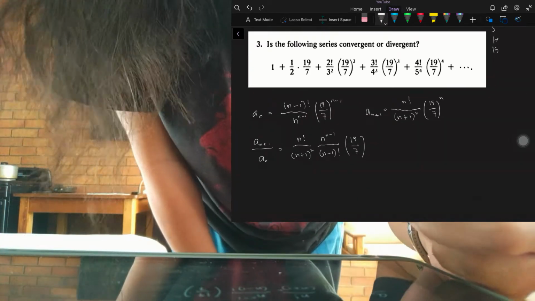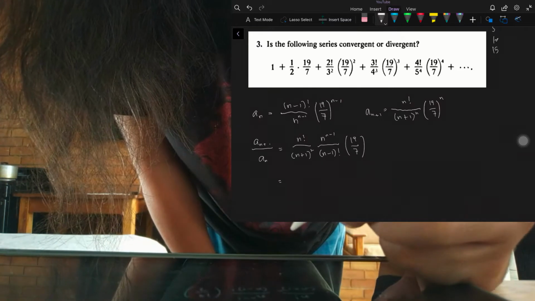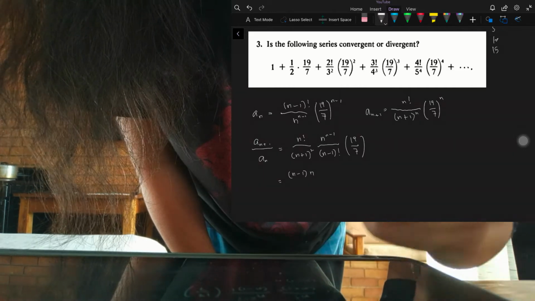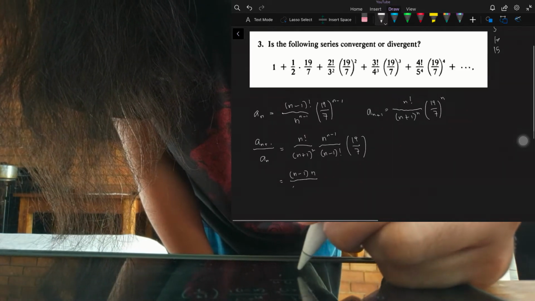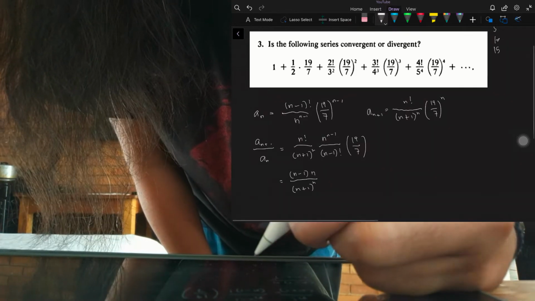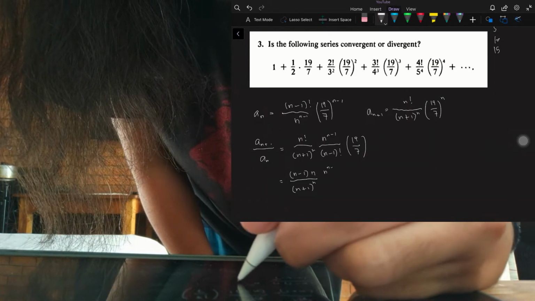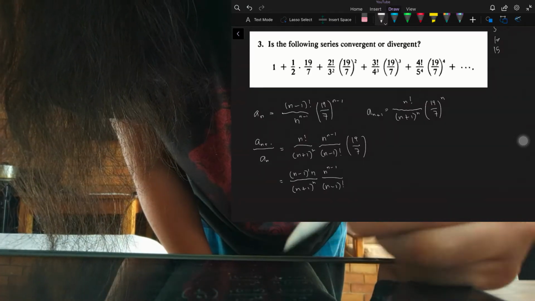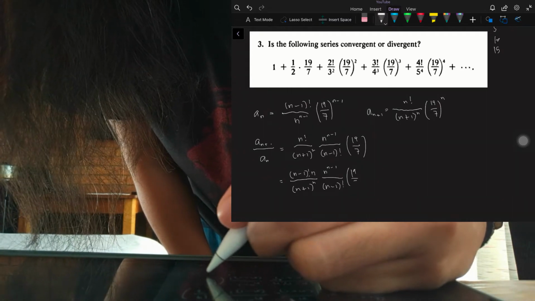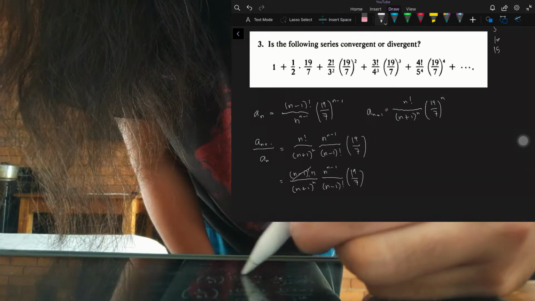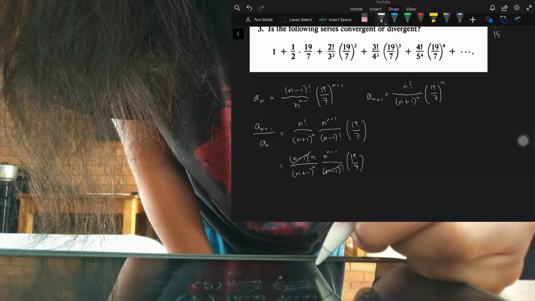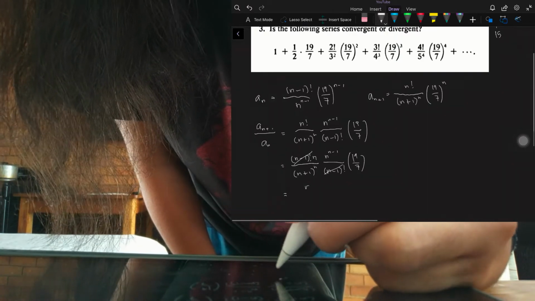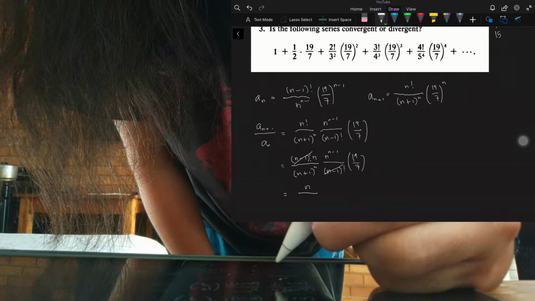So this ratio is equal to, n factorial I can write as n minus 1 factorial times n, over n plus 1 to the n, and then you have n to the n minus 1 over n minus 1 factorial, times 19 over 7. So the factorials cancel, and n times n to the n minus 1 is just n to the n.